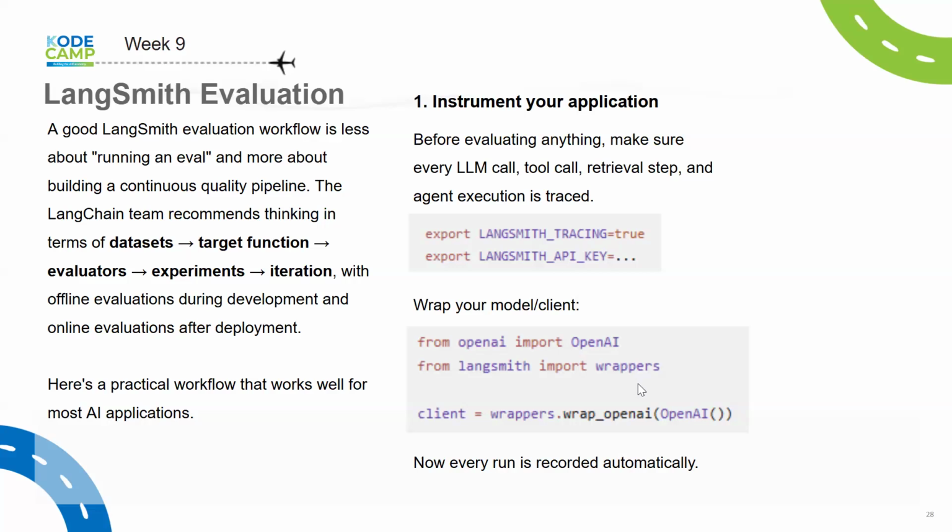If you actually go to LangSmith, you will see that if you create a new account, it gives you samples of how to do it for each of the different SDKs, for OpenAI, for Google Gen AI, for OpenRouter, for Grok, for all of them, right? DeepSeek and all the rest.